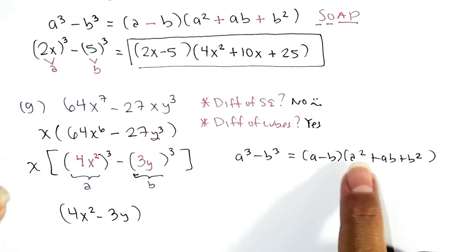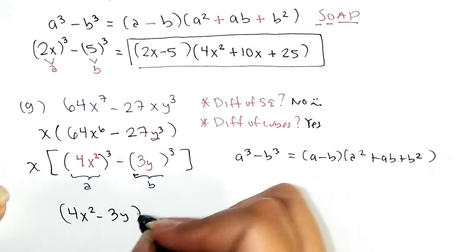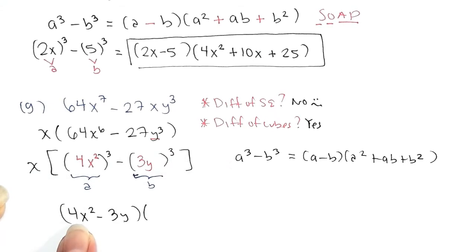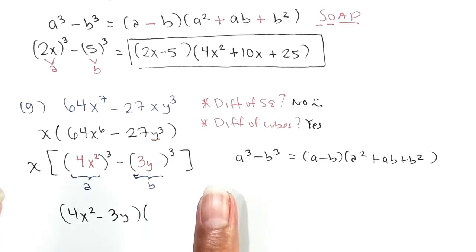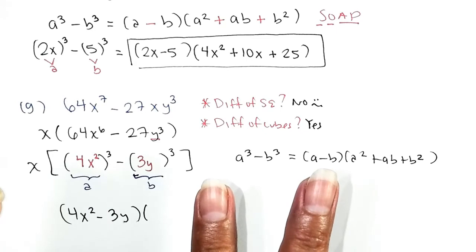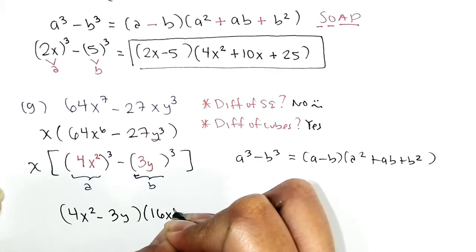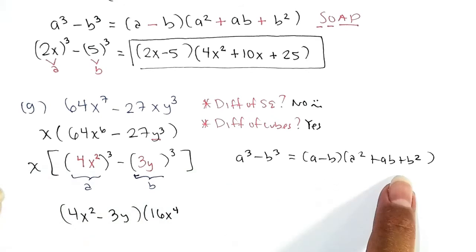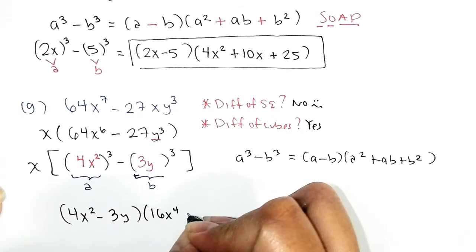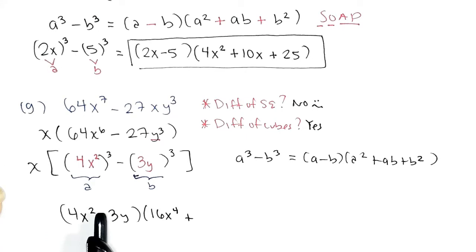First term is a squared. So we're going to take a and square it. 4x squared times 4x squared will give us 16x to the fourth. Again, the formula is the answer, plus ab. The product of 4x squared and 3y will give you 12x squared y.